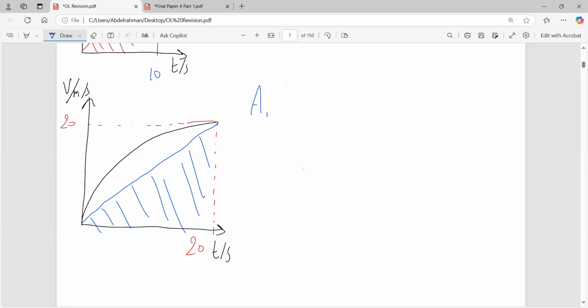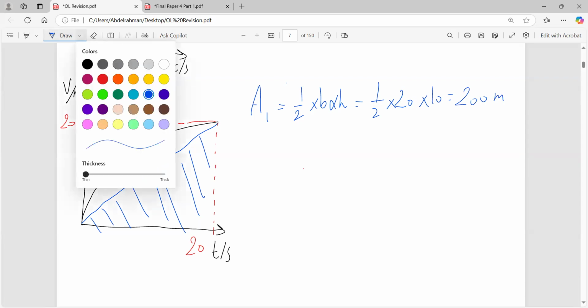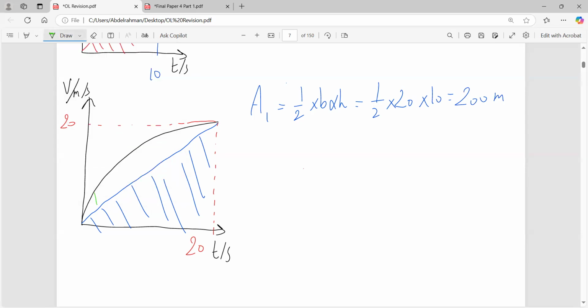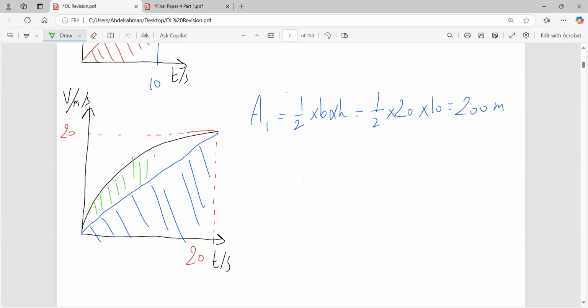I think so. Yes. So the initial area, area 1, is half times base times height. Right? Say yes. Half times 20 times 10, which is 200 meters. Easy. What about the second part? We still have this area. To find this area, you need to estimate.